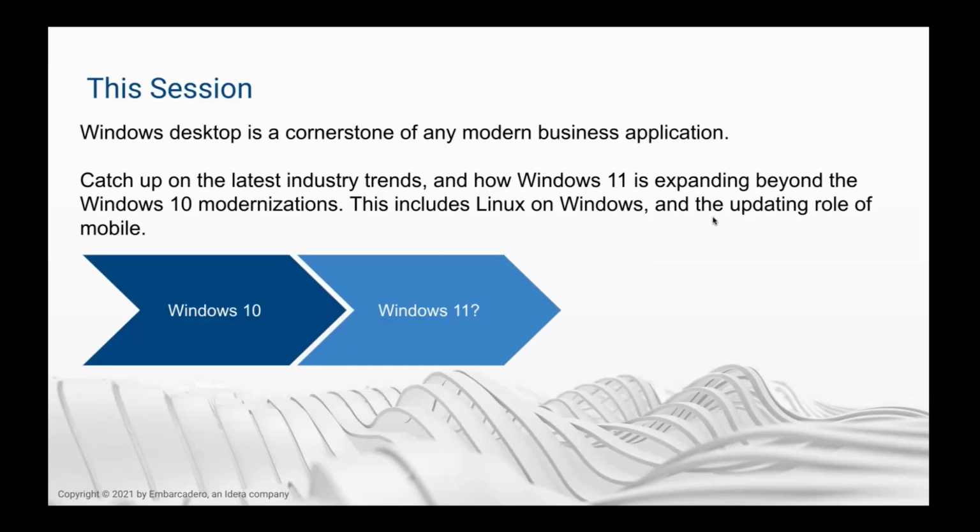So the key premise, when we were getting this session put together a few months back, was to try and cover what's going on on the Windows side of things. Windows desktop is very much a cornerstone of any modern business application. It has been for decades now, since Windows originally came to the fore. But what I want to look at is how the market setup is changing and the latest trends that are happening.